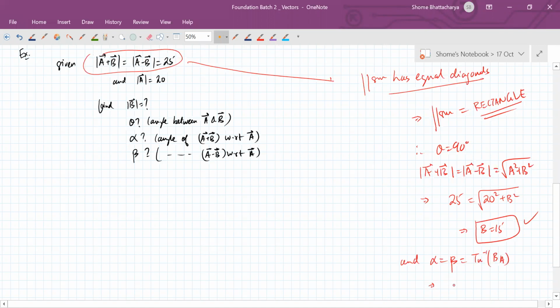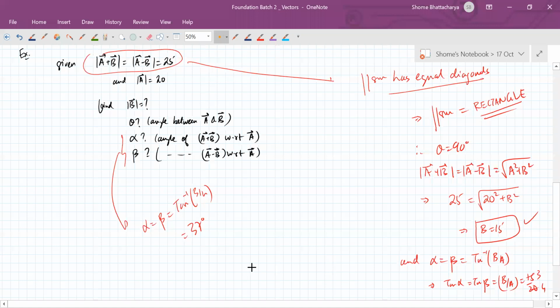So tan alpha is equal to tan beta is equal to b by a, which is over here 15 by 20 or 3 by 4. So that shows you that alpha is equal to beta equal to tan inverse 3 by 4, which you know is 37 degrees.